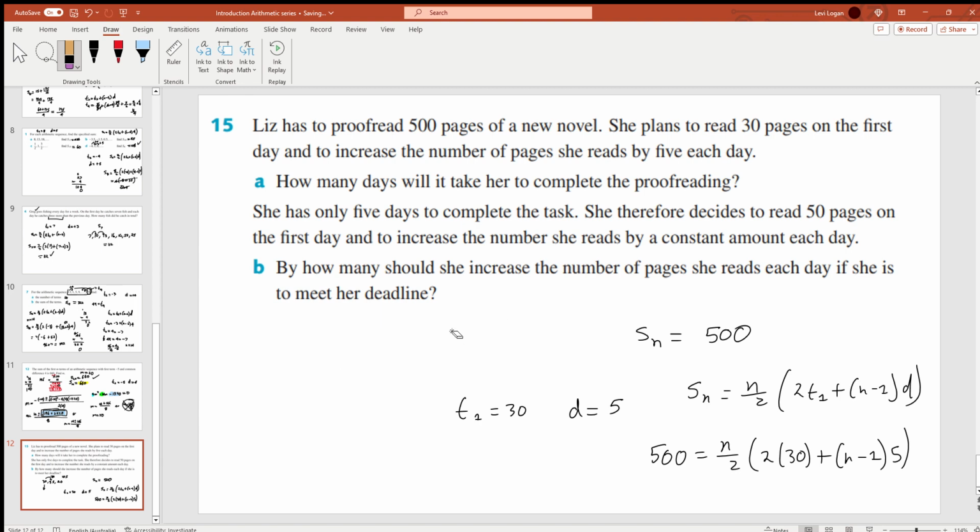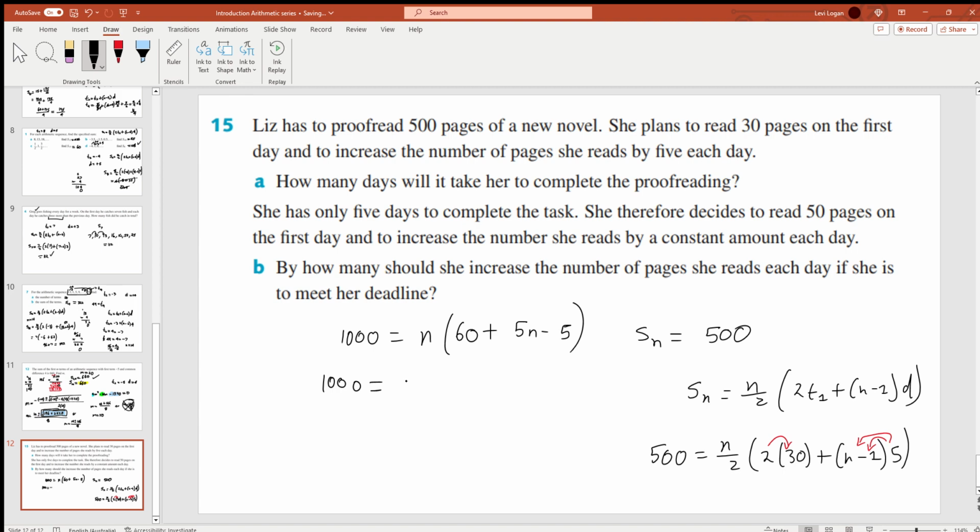I'm joking, it's ridiculous. Okay, move that 2 up there, so we have 1000 equals n, and then we're going to get 60 plus 5n minus 5. If you don't know what I just did there, this was my 60, and then I just distributed the 5 there.